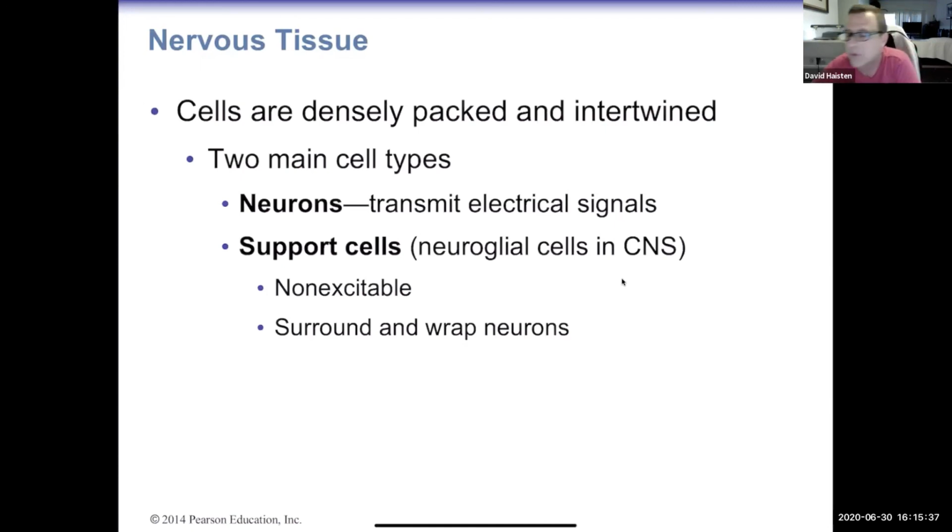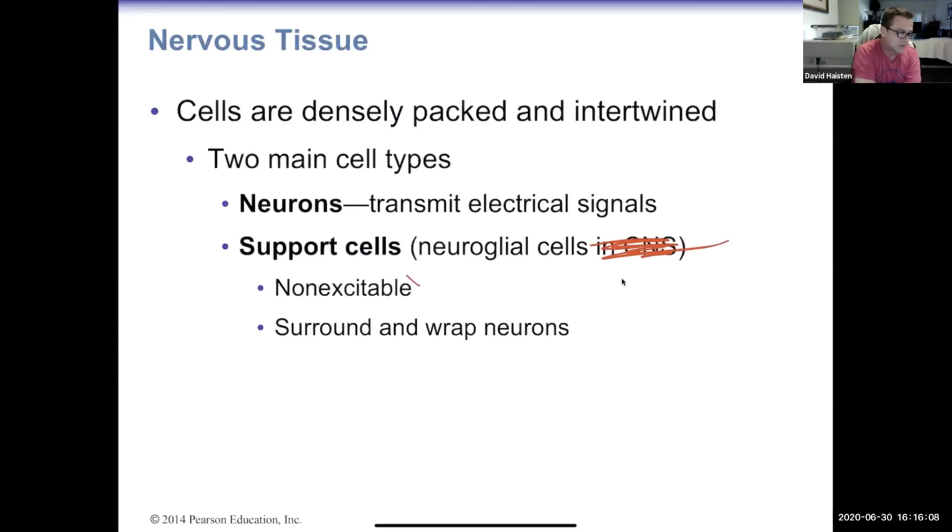They outnumber neurons like 6 to 1, 5 to 1, something like that. Who cares? There's more of them than there are neurons. Neuroglial cells are in the central nervous system and peripheral nervous system. Sorry, I have to watch out for these publisher slideshows. There's typos.